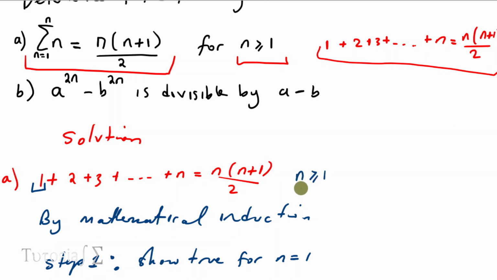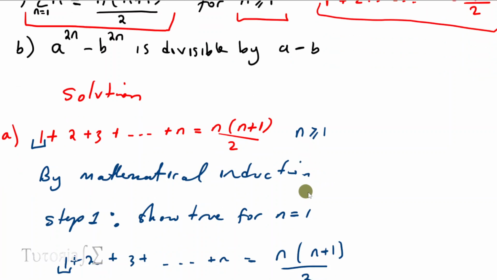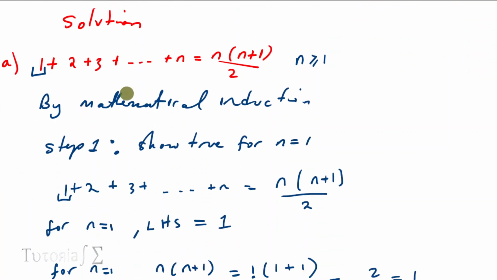Now if we are proving by mathematical induction, we need to state by mathematical induction. Step 1, we need to show that the statement is true for n equals 1. So we replace. When n is 1, we're just talking about the first term. Remember, when n is 1 in the sequence, it is when we replace 1 into sigma of n from 1 to n.